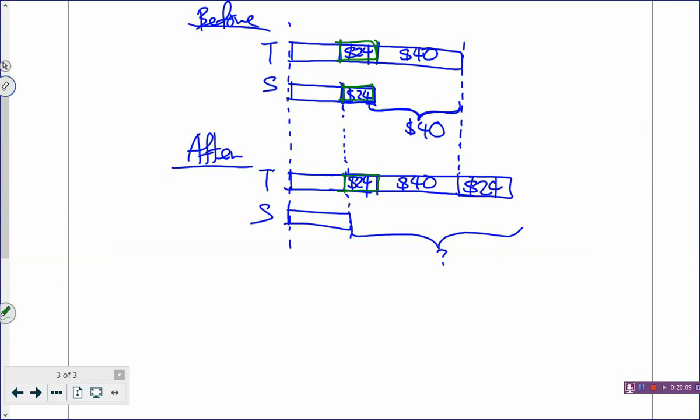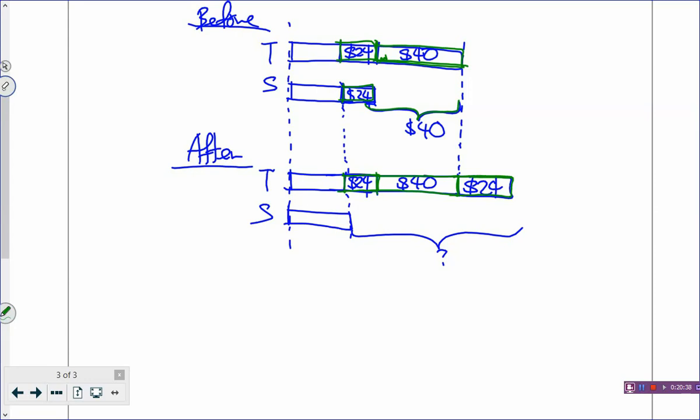Alright, then the $40 is here. Why? Because if you look at the arrow sign, that is $40, right? It's the same length, which is also the same as on top. Okay, and then you go down and you can see the same size again, the same length of the box, which is $40. And then the $24 over here is given by Sam. So now Sam has an extra $24. I mean Tracy has extra $24.